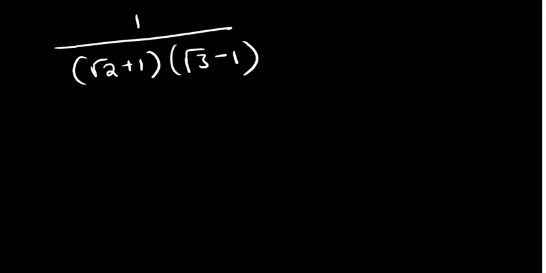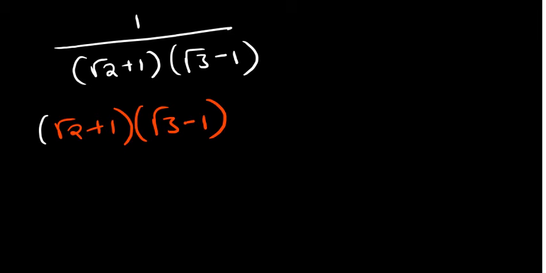So our goal is to rationalize the denominator to make sure that there is no surd appearing on the denominator. So we have to first of all multiply or simplify it. So now we are saying we have root of 2 plus 1 multiplied by root of 3 minus a 1. Okay.